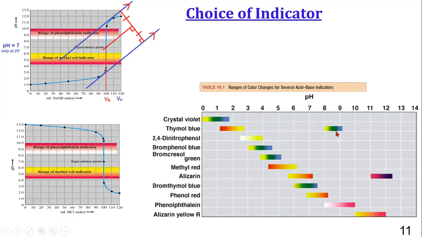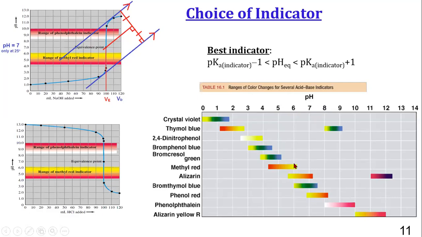If my pH at equivalence is 7 in this example, what I want you to do is go to pH 7 here, and choose any indicator in the range plus or minus 1 of the pH at the equivalence point.